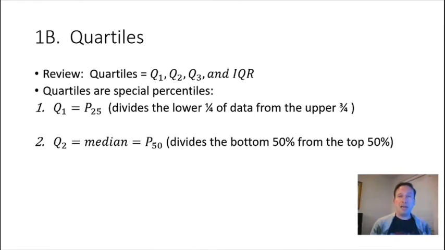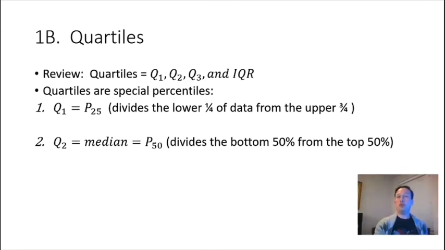Q2, remember, is the median, and that's right in the dead center of the data set. When you split the number line in half, you're splitting the bottom 50% from the upper 50%. Another way of describing that is the place where 50% of the data are less than or equal to that number.